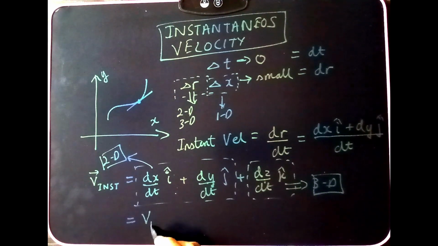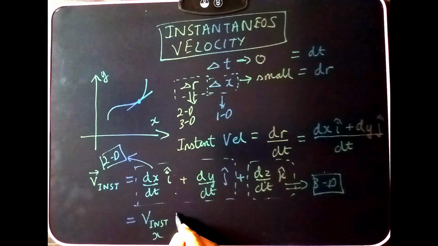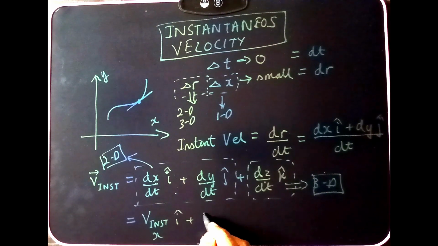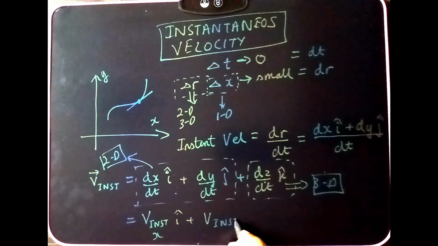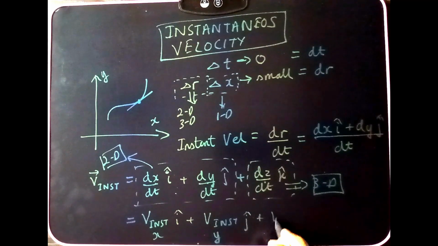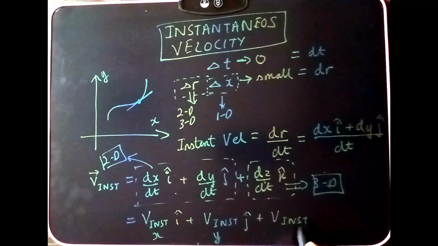This is v instant on x i cap plus v instant on y j cap plus v instant on z k cap. So I hope this is clear enough.